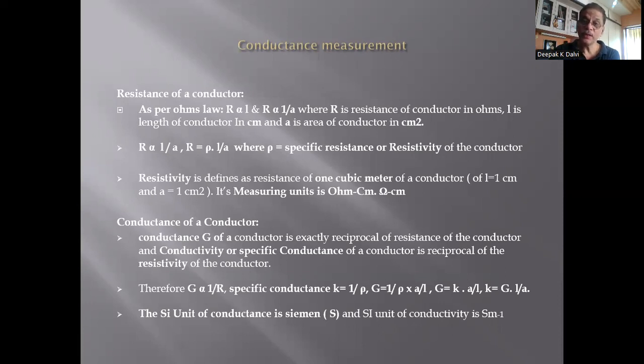So, measurements involved in conductors are resistance, then specific resistance or resistivity, then conductance or conductivity or specific conductance. So, these are the measurements involved in a conductor. Now we'll understand these measurements.